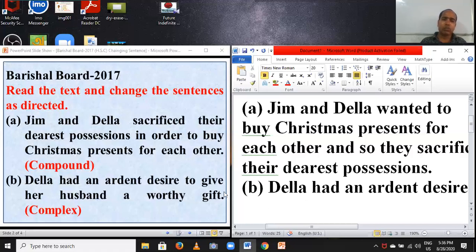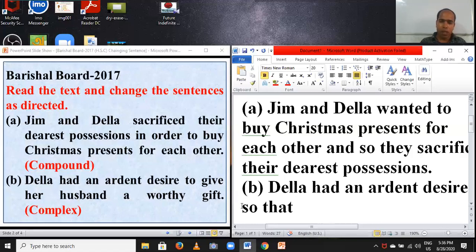And then you have to set "so that" instead of "to". If you find "to plus B1" while changing into complex, you have to use "so that", and the structure is subject plus can, could, may, might plus B1 plus extension.